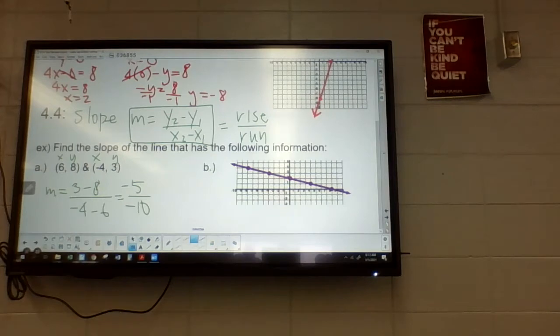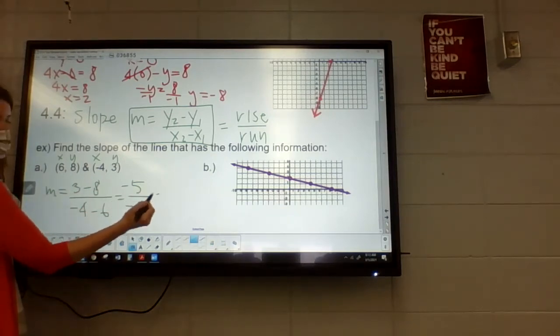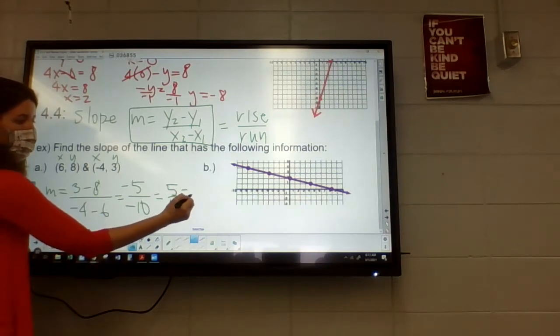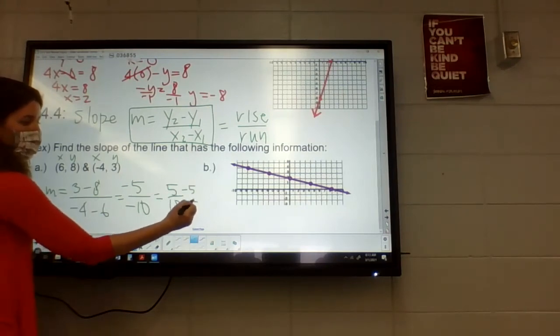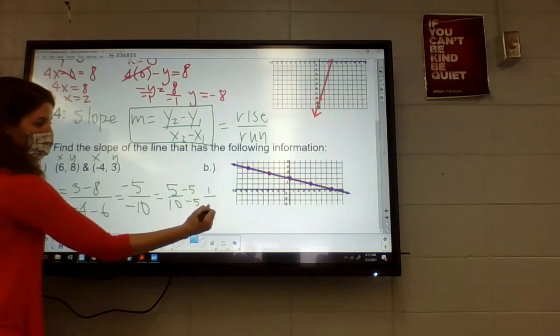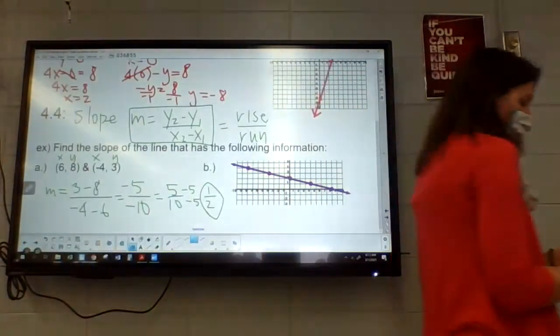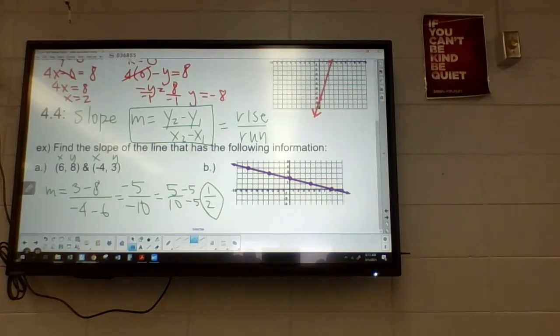This is going to be a positive, so it's going to become just 5 over 10. But I can also simplify that. I can divide these each by 5. So this ends up just being 1/2. So all it asked me to do on this one is find the slope.